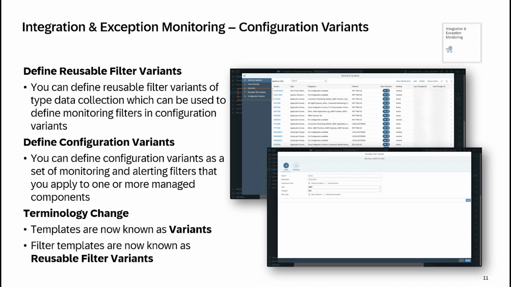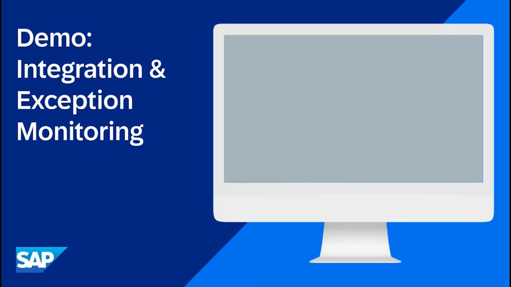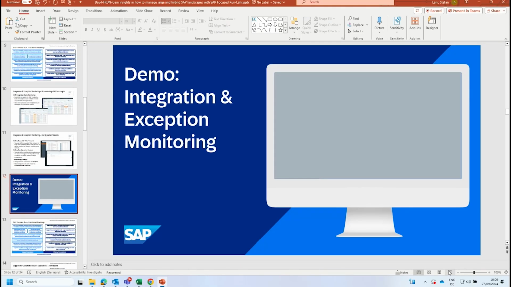And the same with the configuration. You define your configuration once, then you can save this as a variant, and you can assign it to a couple of managed objects with one single click. And now comes the point that I show you this. So, switching to the browser.